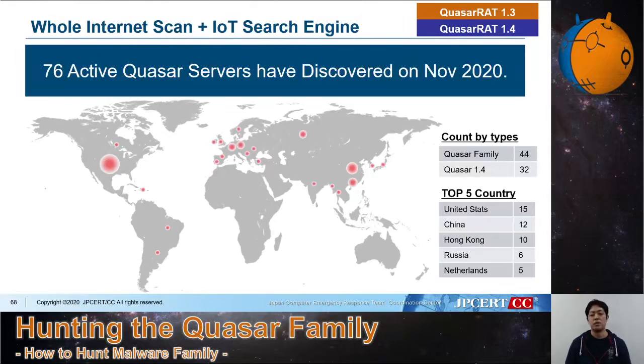The Quasar server number was not so large, but we suspect that several campaigns are still ongoing. We believe that this host data will be useful not only for researchers, but also for blue teams.